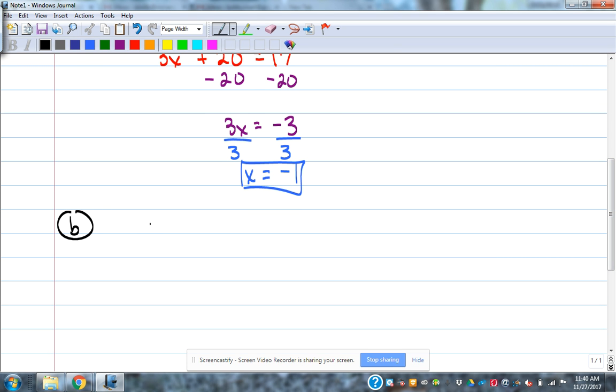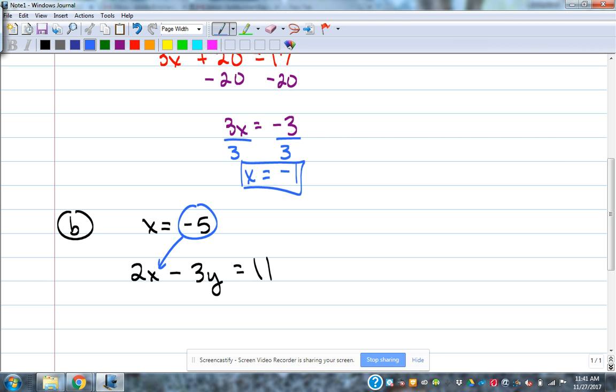Let's try this one. Let's say we had x equals negative 5 and 2x minus 3y equals 11. Okay. So here they tell us that x equals negative 5. So we can take that and substitute it for x in the second equation.